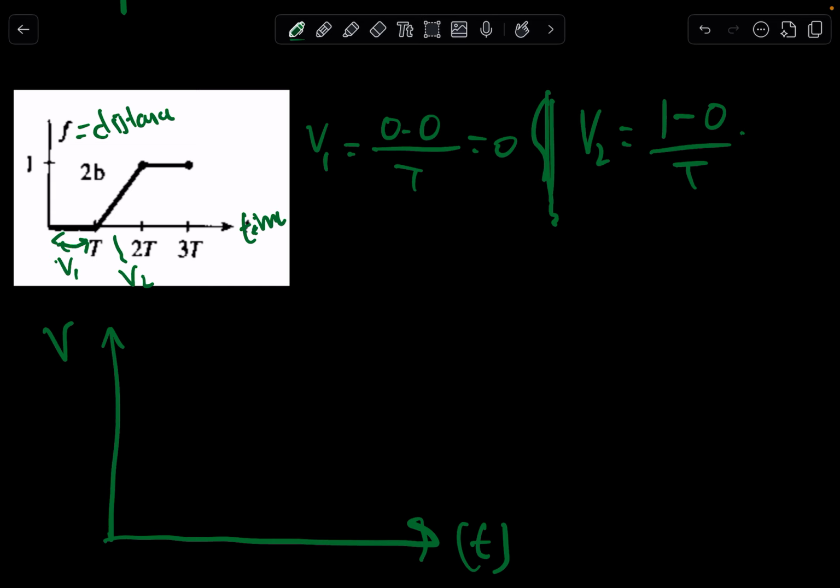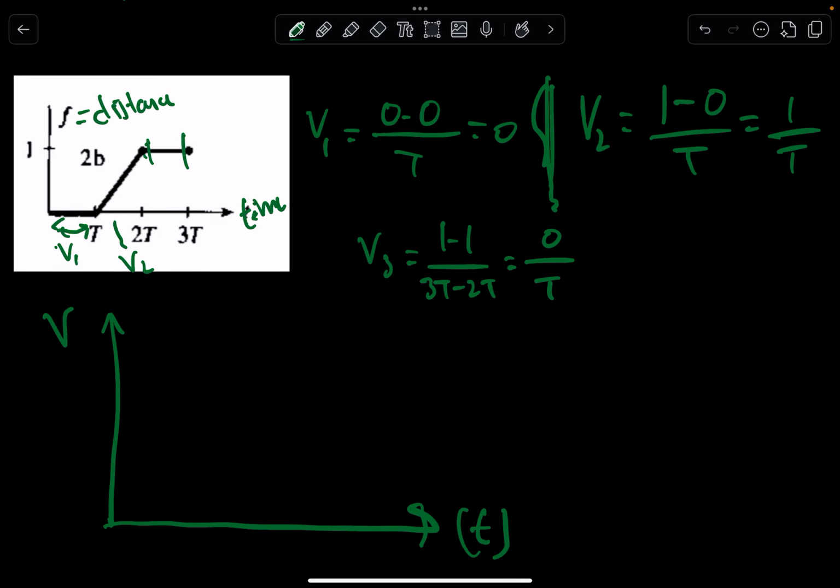So that's 1, and then this right here equals 1 over t, right? And then finally for this time period, for v3, 3t minus 2t, essentially distance has not changed, so 1 minus 1 divided by 3t minus 2t is going to give us 0 over t. So basically 0, right?